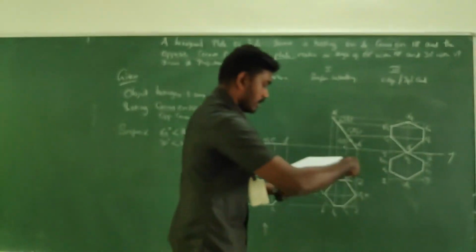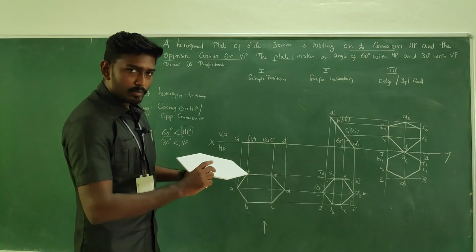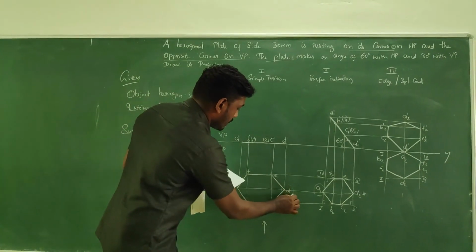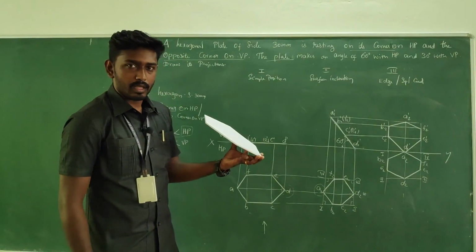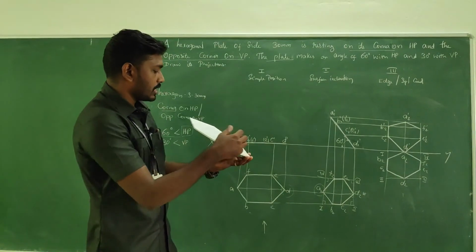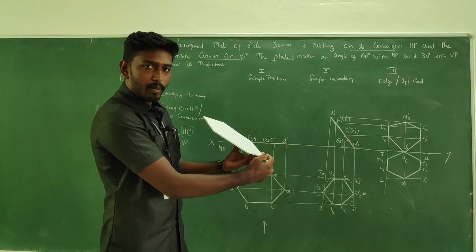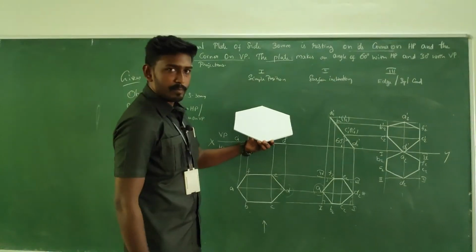See, initially when we tilted the object inclined to HP, we rested D on HP, am I right? Then in the third stage, we kept the opposite corner of the resting point on HP on VP. That means this point is towards VP.